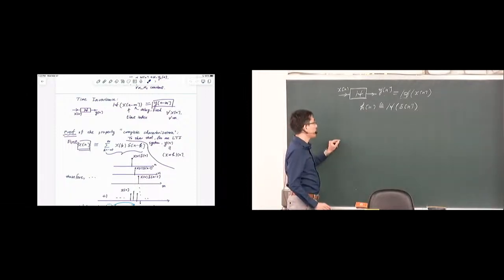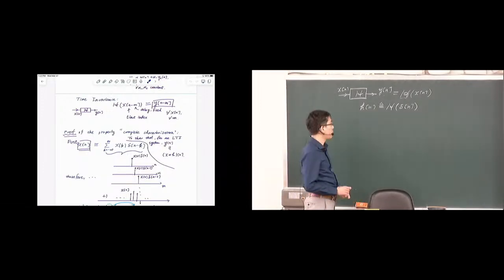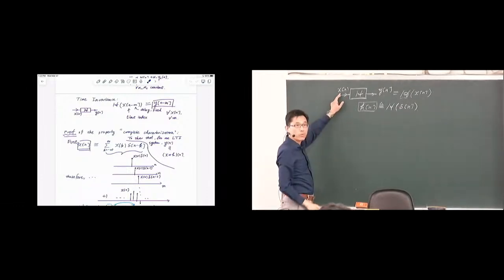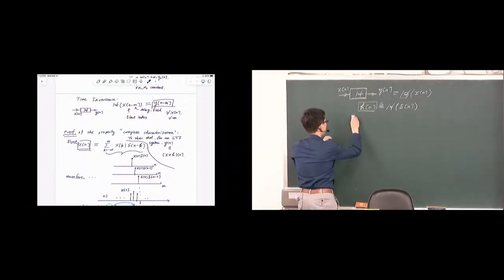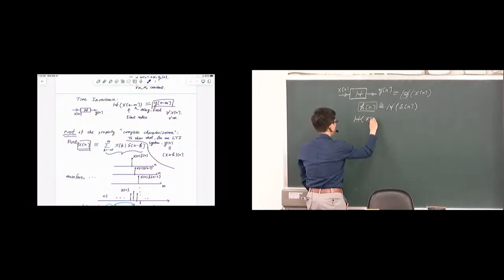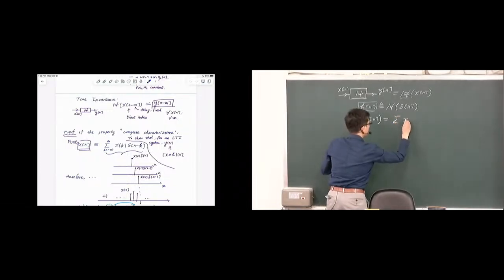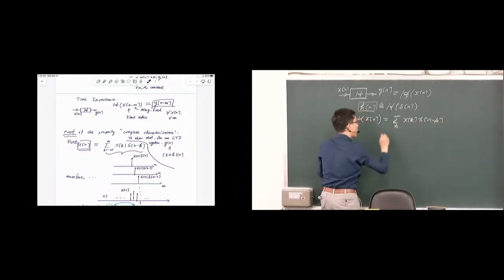And toward the end of last time we also mentioned this: for a linear and time invariant system, if the delta function produces this output, then for any arbitrary other input, the system produces an output that can be written as the summation of x[k] h[n minus k], where we sum over all possible k.